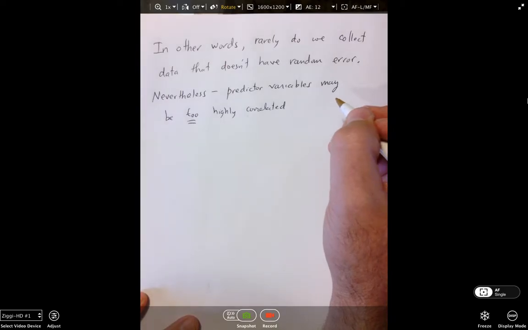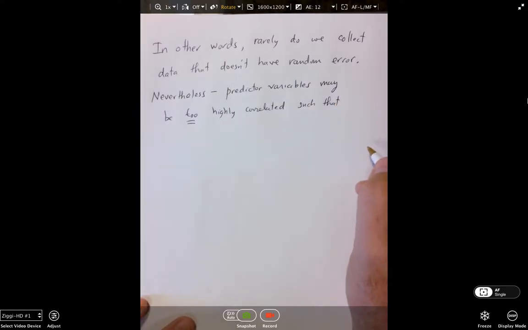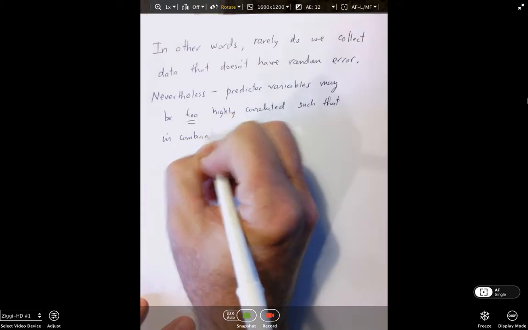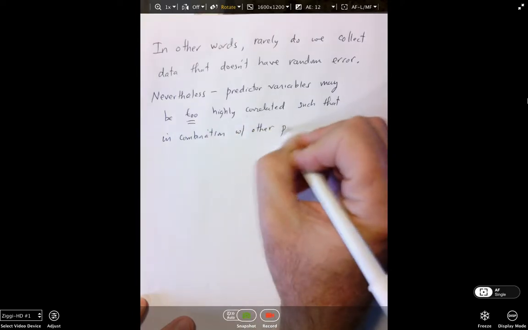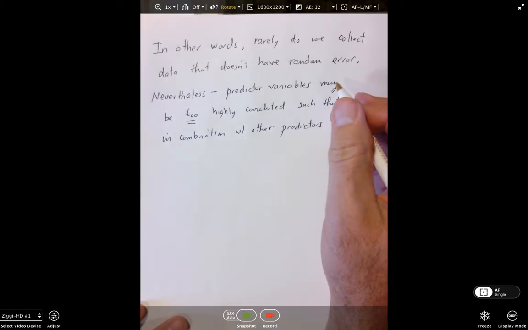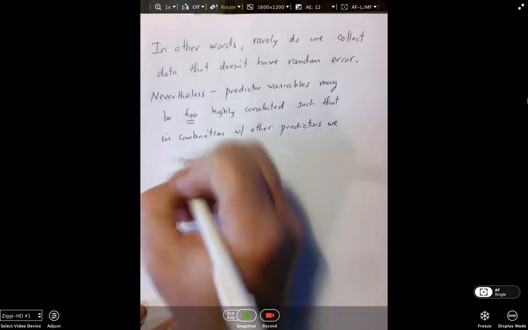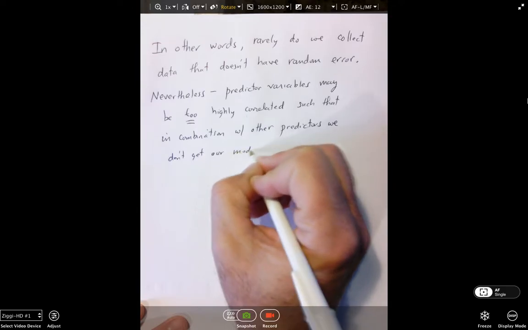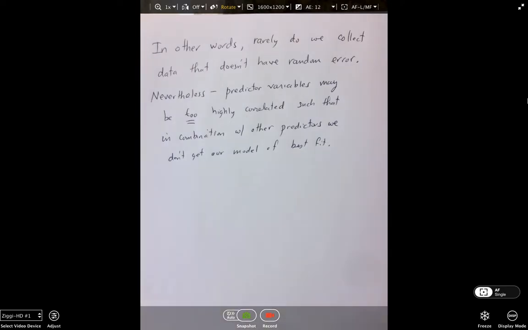So predictor variables may be too correlated such that, in combination with other predictors, we don't get our model of best fit.